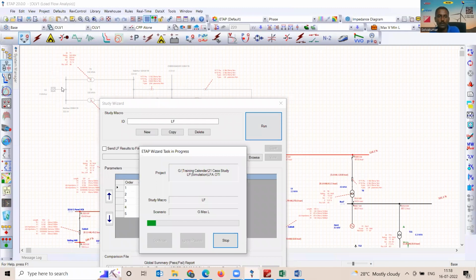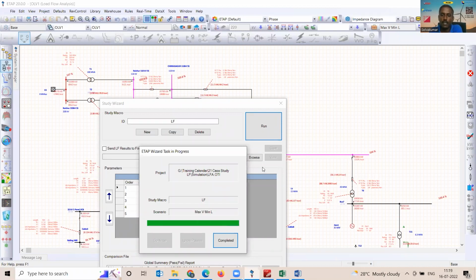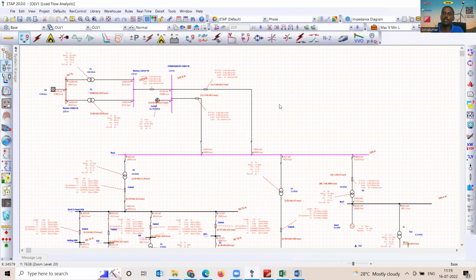You can see here it's on and off and on and off. All the results will be available in a single Excel in the prescribed format you want, so that you can take the results out in Excel, optimize it, and go ahead with the report. So this is a case study which we have done, and the course is available in Zenler.